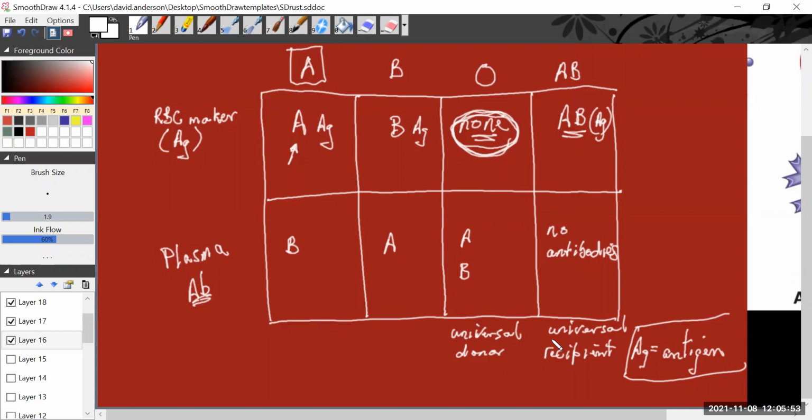So antibodies are going to react to the opposite blood group. But if there's no antibodies, there's no reaction. So this person can receive blood from all of the other three types, type A, type B, or type O, because they have no antibodies, so there will be no reaction.